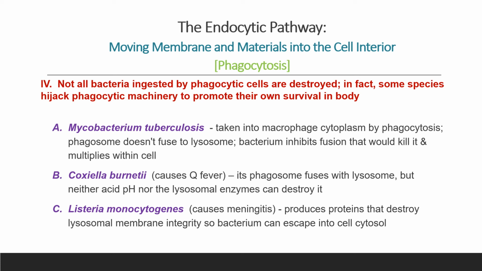Next, we have the Coxiella burnetii, which actually causes Q fever. Its phagosome fuses with the lysosome, but neither acid pH nor the lysosomal enzymes can destroy it. And then next, we have the Listeria monocytogenes. It causes meningitis. It produces proteins that destroy lysosomal membrane integrity, so the bacterium can escape into the cell cytosol.